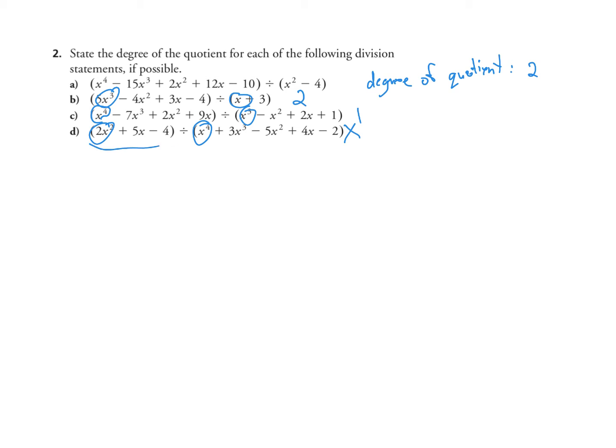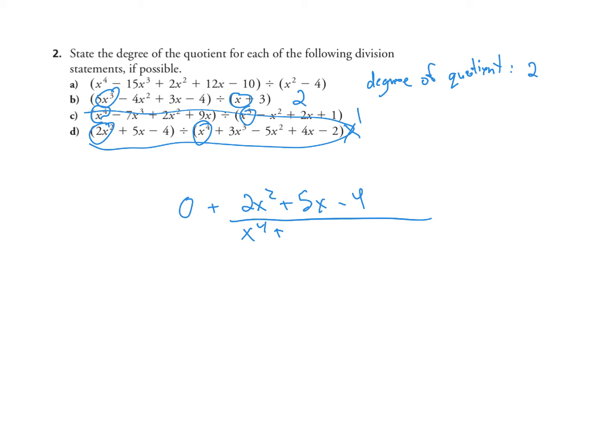If you were to divide that, I already know the answer. The answer is going to be 0 plus, this is your remainder. It already can't divide into the next thing, so x to the 4 plus 3x cubed minus 5x squared plus 4x minus 2. So basically 0 plus itself.